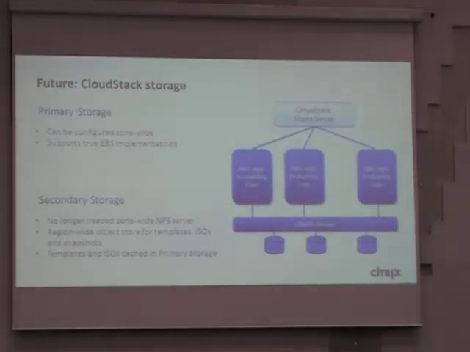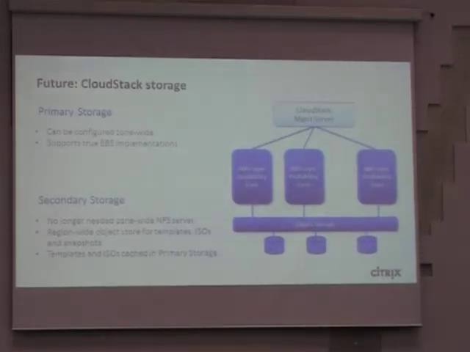On the secondary storage side, right now we have a challenge because secondary storage today is a performance and scalability bottleneck. There's only one secondary storage per zone, and as the zone continues to grow, it is difficult for secondary storage systems to keep up.